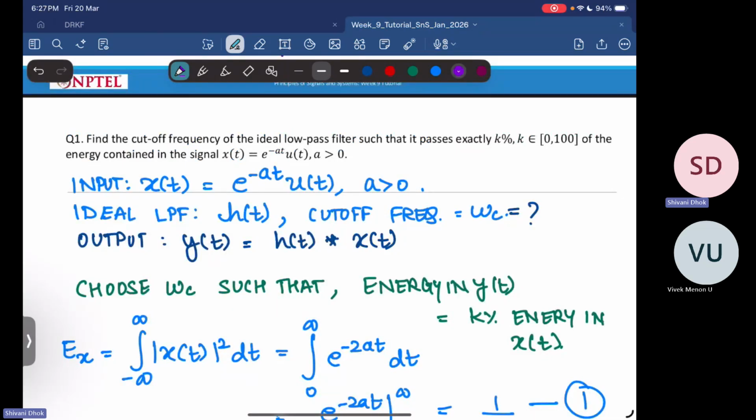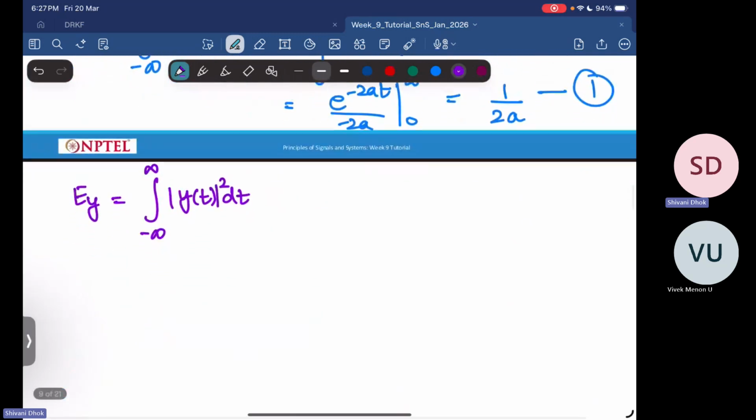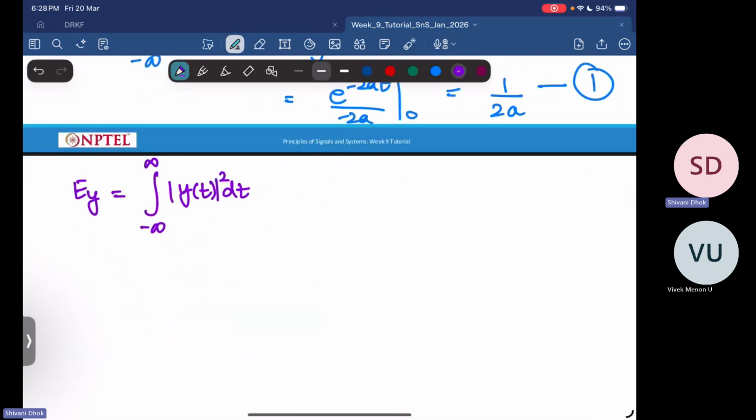Finding this by convolving with sinc and then finding the magnitude square is a tedious job. So what we can do is invoke Parseval's theorem, and if you do that, this will be equal to 1 over 2 pi integral minus infinity to infinity magnitude of y of omega squared d omega.